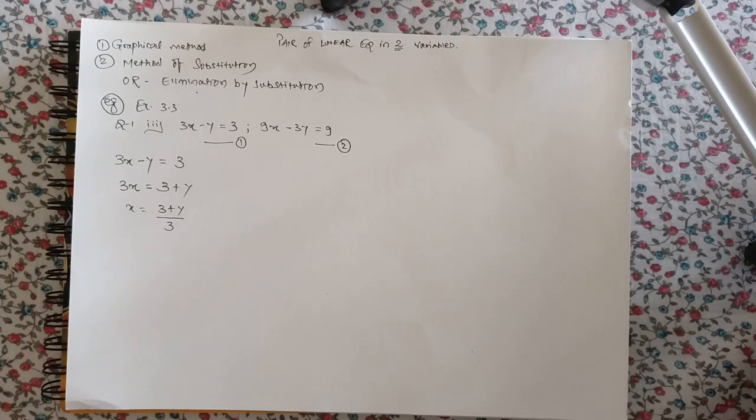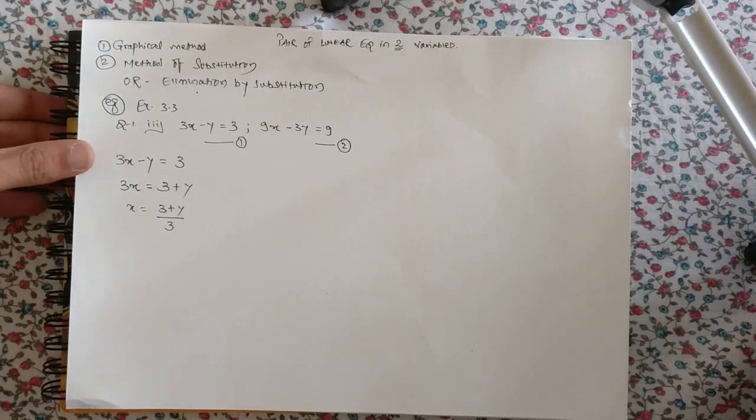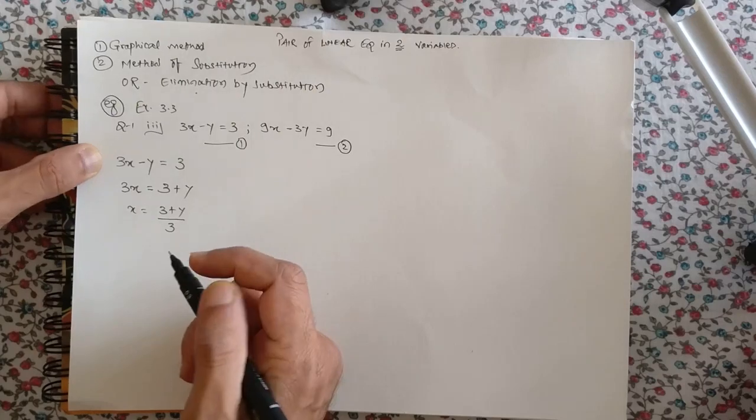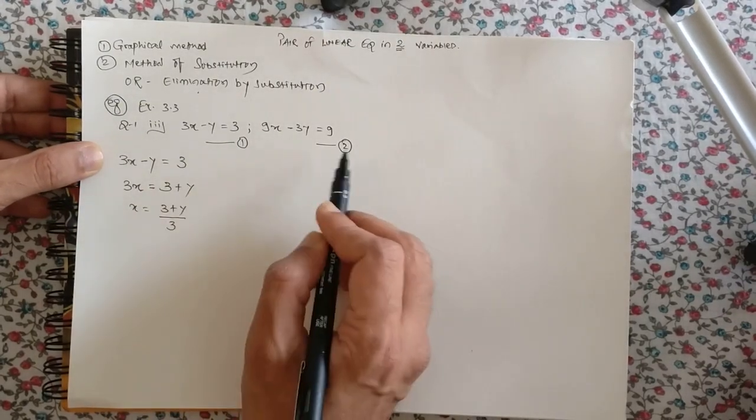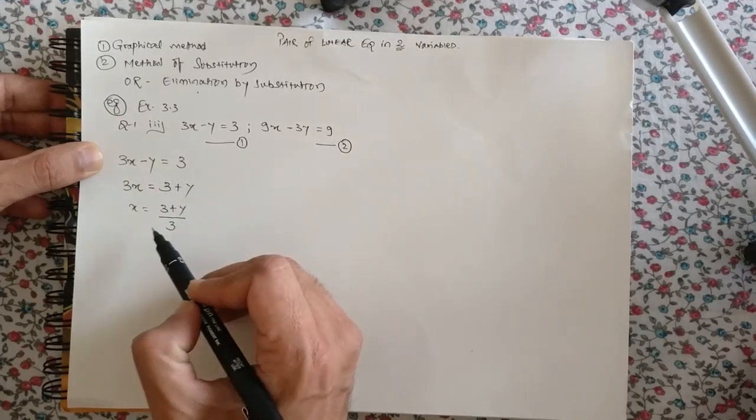So what we are going to do now is put the value of x in any of the given equations and solve it. Let's see what we get. Now when I say any of the given equations, we have just got two equations, and from equation 1 we have got this formula.